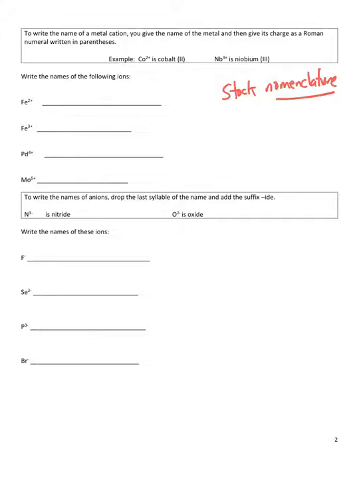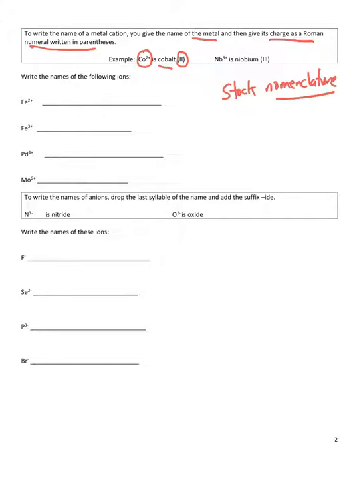So let's write the names of the following ions. Before we do that, let's talk about how we write a Stock nomenclature name for an ion. What you do is you give the name of the metal, and then give its charge as a Roman numeral in parentheses. So cobalt 2+, you write cobalt, and then since it's +2, you put Roman numeral II in parentheses.